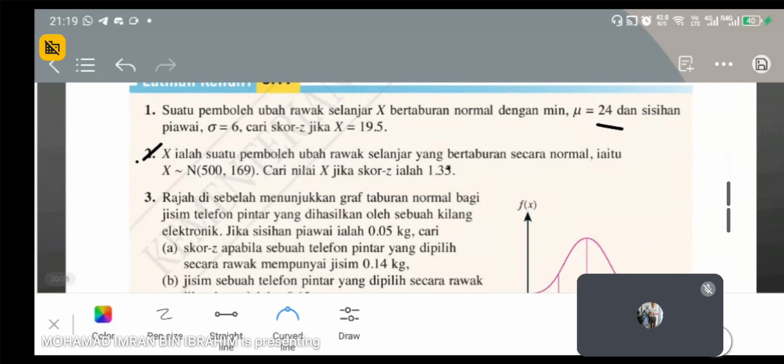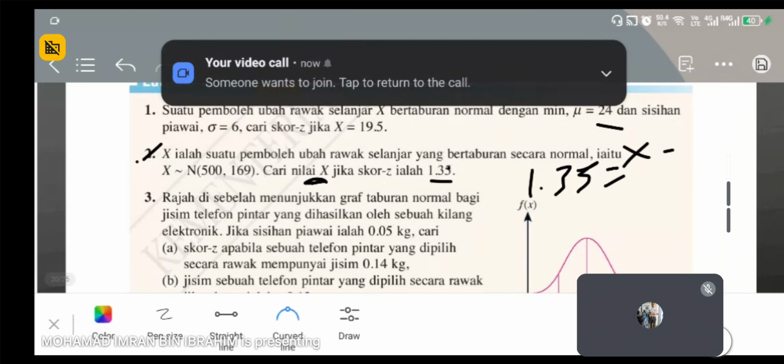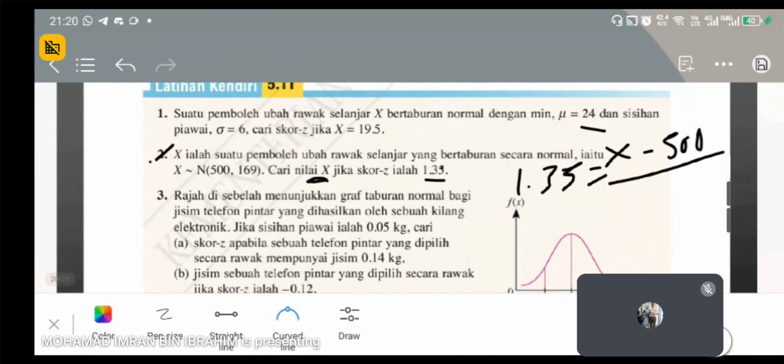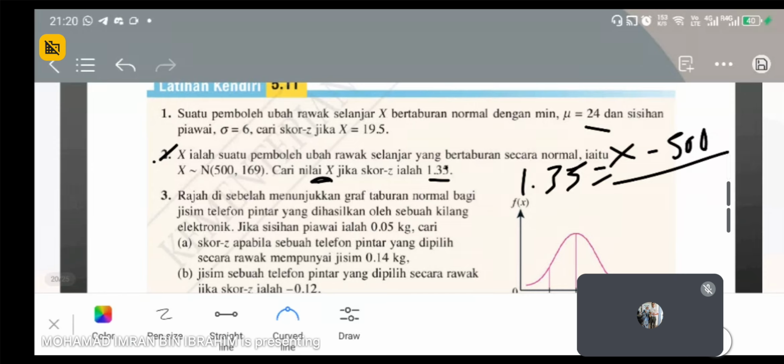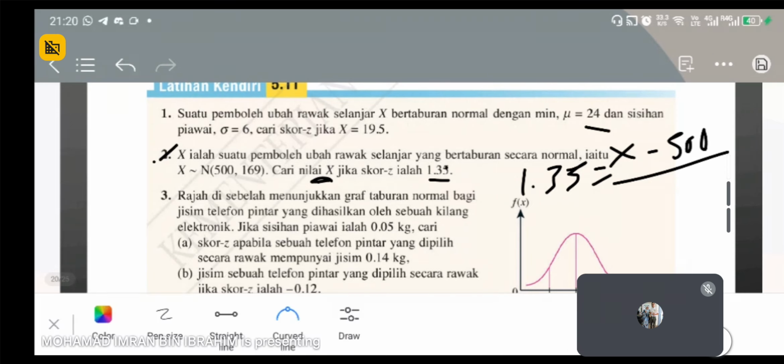So let's get the info. X minus 500, and divided by the sisihan piawai.